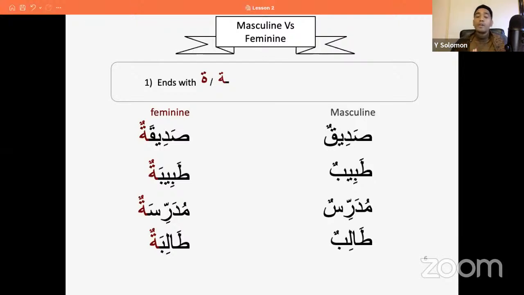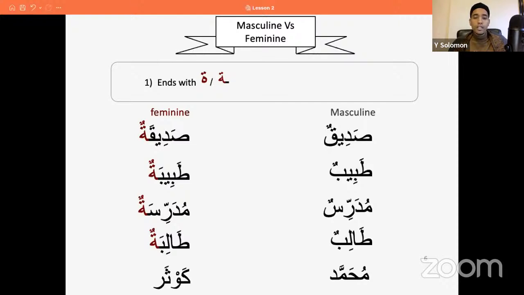However, sometimes a word can be feminine and it won't have the ta at the end. For example, the masculine word Muhammad is a masculine name. But then we have the word Kawthar. In the Arab world, sometimes they use Kawthar to name boys.